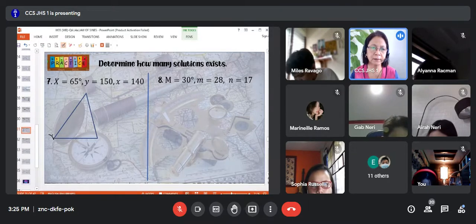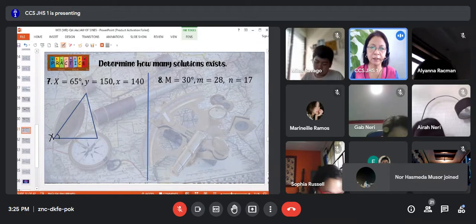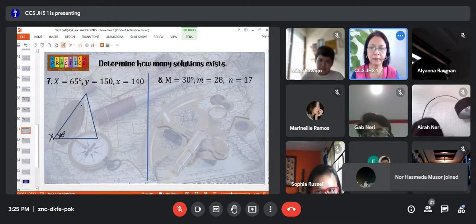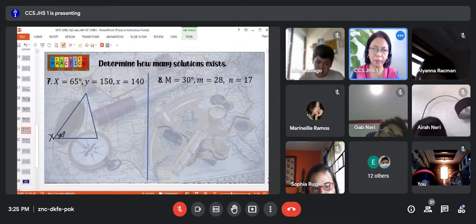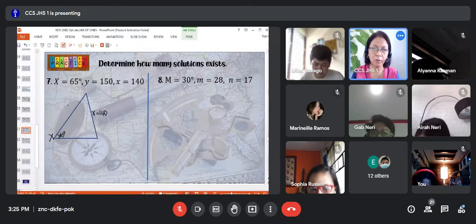Let this be our angle x. Angle x is given to be 65 degrees. And our length x, the side opposite angle x, is 140. And then our y, we could place our y here or here. No problem.